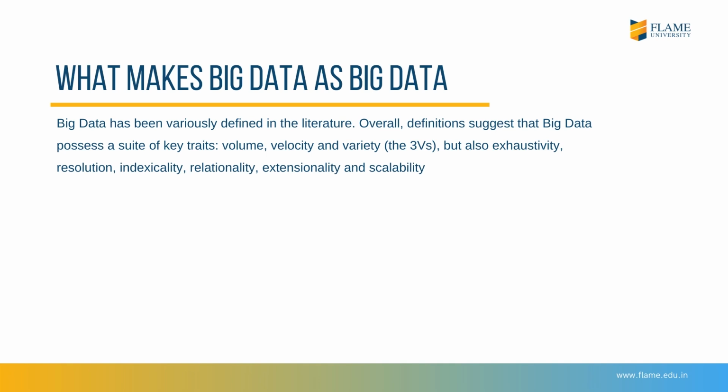As you can imagine, volume refers to the sheer mass and size of big data that makes that data big in its volume. Velocity refers to the momentum that the data inherently has in itself, that it is not static, it's not a static data set.